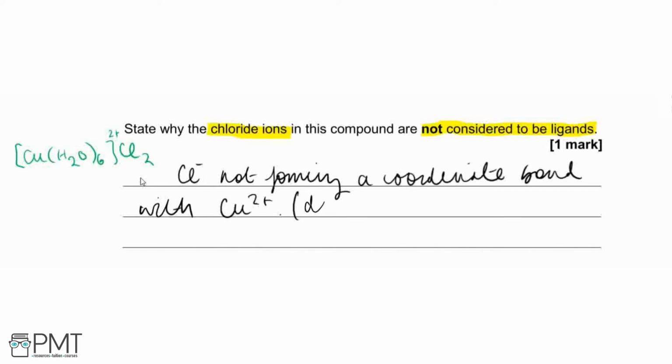A coordinate bond is similar to a dative covalent bond. We just refer to it in the context of a transition metal complex typically. And that's where one atom or ion donates both of the electrons required for that bond. So our chloride ion does not donate a pair of electrons.